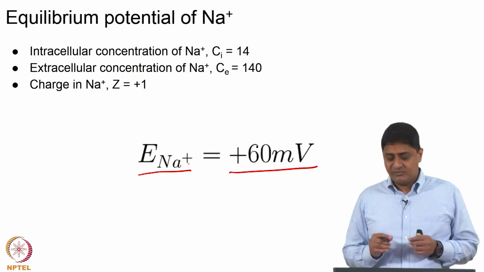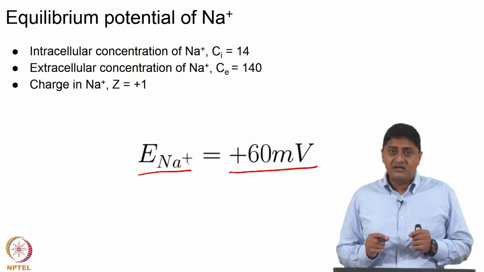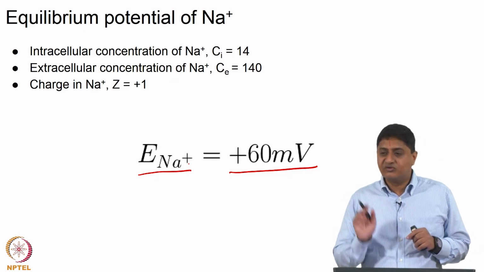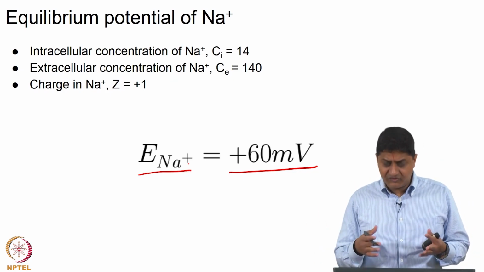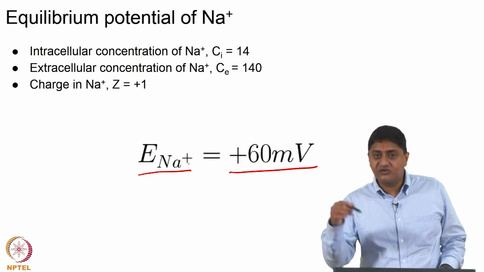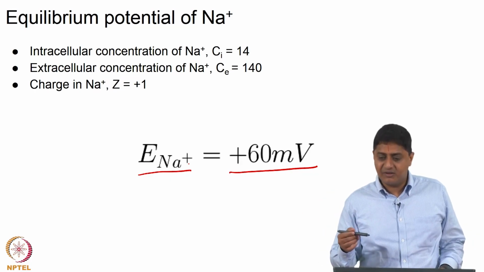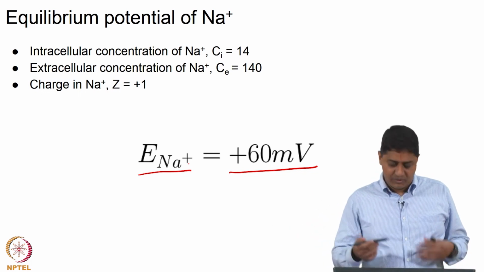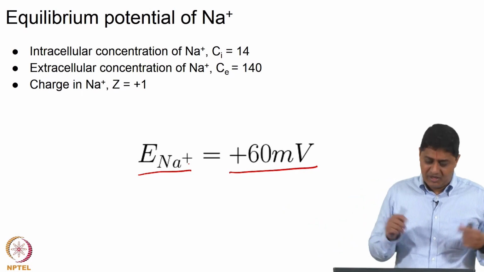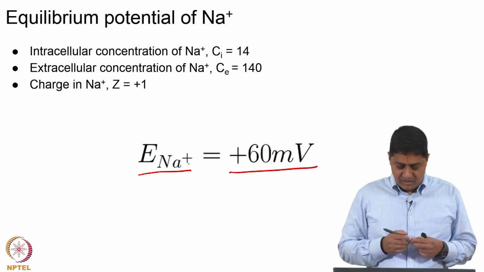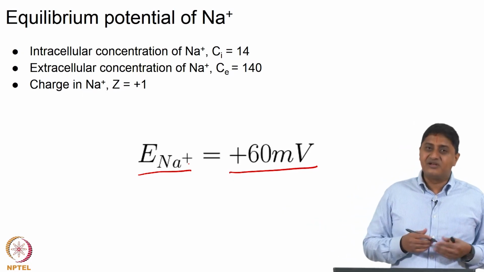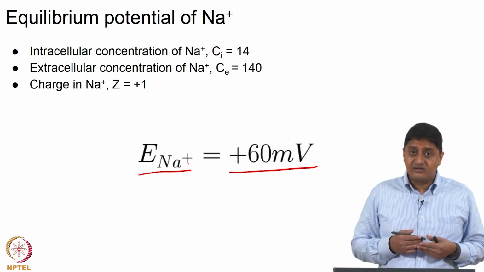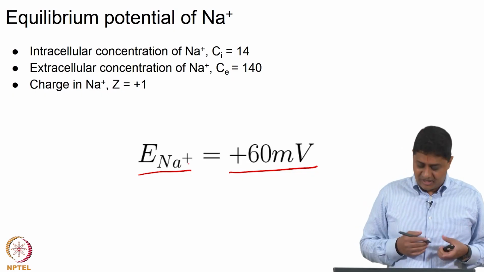If ever the biological membrane reaches a potential of plus 60 millivolts, sodium will not bother to move from this side to that side, or any movement of sodium from side 1 to side 2 will be counterbalanced by movement of another sodium ion from side 2 to side 1, for example, or there will be no net movement of sodium from one side to another side, or from intracellular matrix to extracellular matrix. It is not necessary for the sodium ion to make a movement.